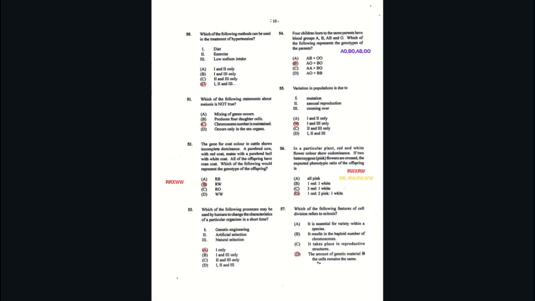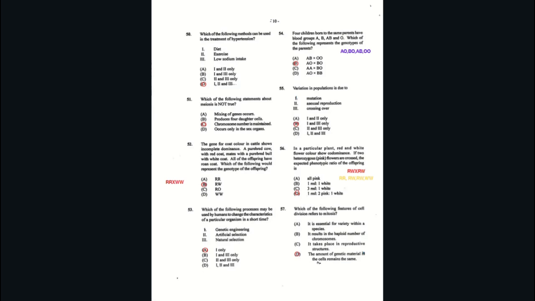And then C, chromosome number is maintained, and then D, occurs only in the sex organs. The one that is not true is that the chromosome number is maintained, right? Because we start off with 23 chromosomes from the mother and 23 chromosomes from the father, and basically that is what makes up the 46 chromosomes for the organism, right?